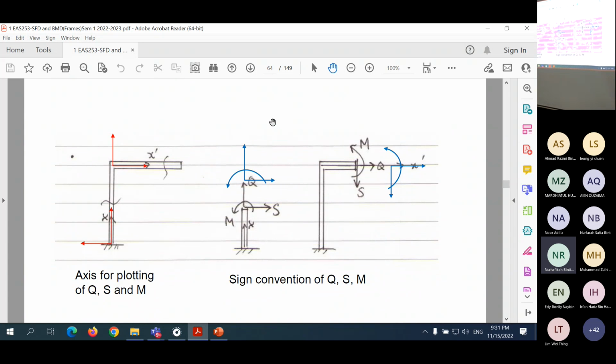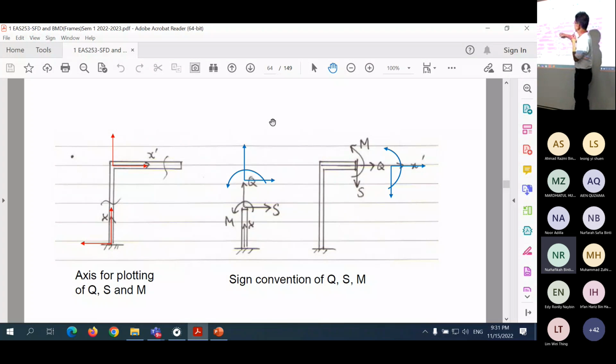And I show here as well the blue arrow is the positive direction for axial force, positive direction for shear force, and positive direction for bending moment. The same thing here. So this is where we plot. Positive plot here, negative you plot here, positive here, negative here.